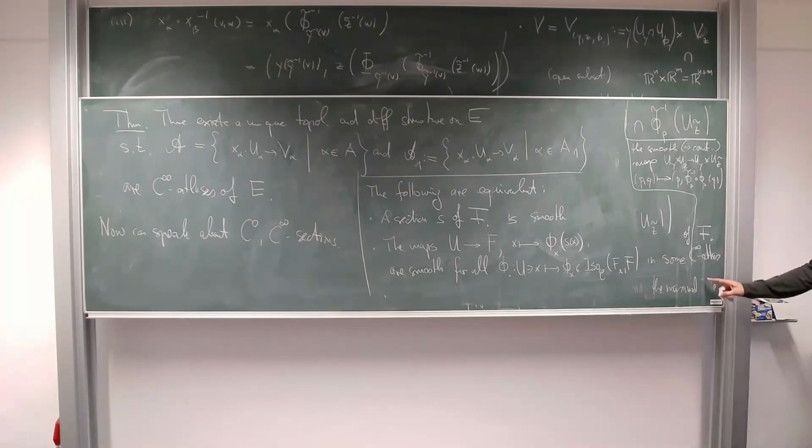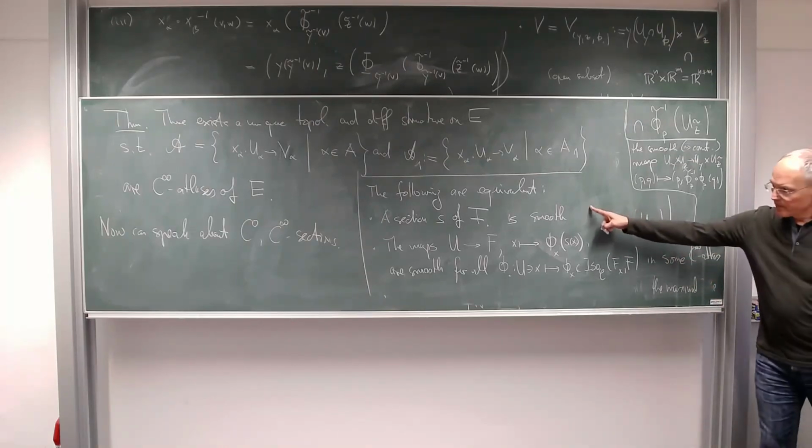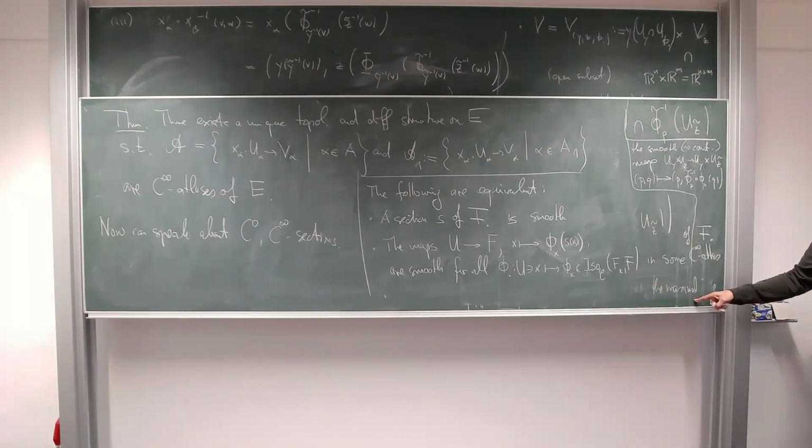So if it's smooth, then this is smooth for the maximal atlas, so for every local trivialization, but it's sufficient to check it for one collection of local trivializations which cover the manifold.